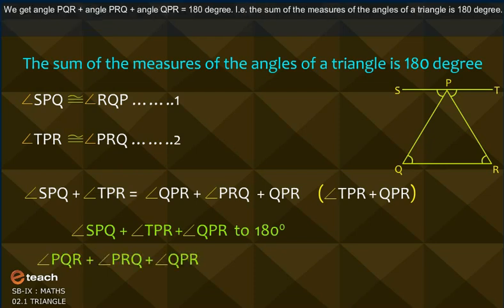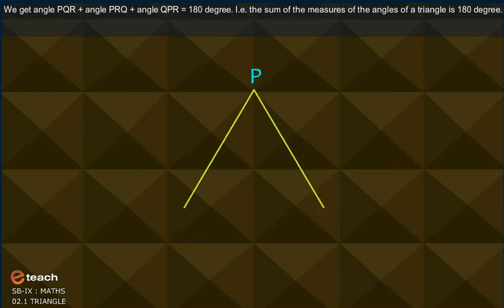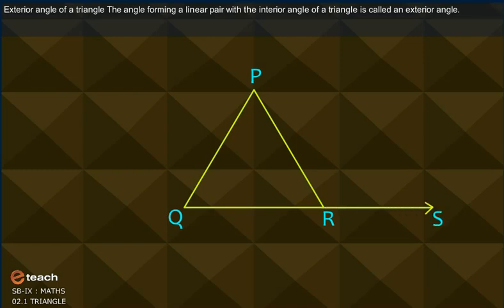We get angle PQR plus angle PRQ plus angle QPR is equal to 180 degree. That is, the sum of the measures of the angles of a triangle is 180 degree. Interior angle of a triangle. The angle forming a linear pair with the interior angle of a triangle is called an exterior angle.